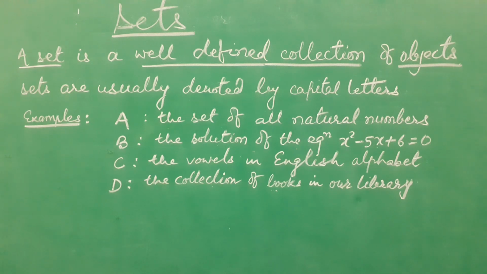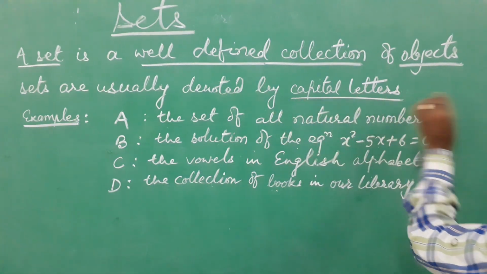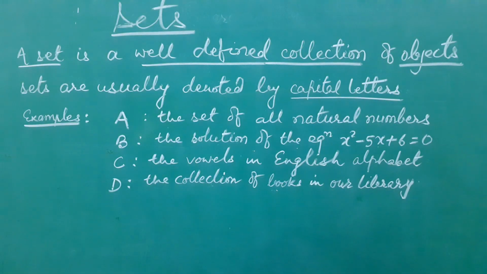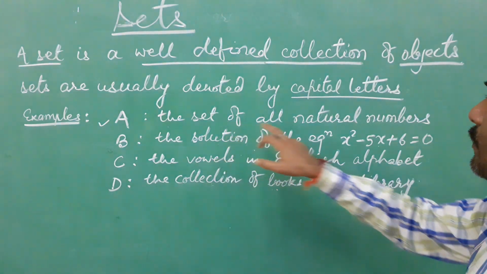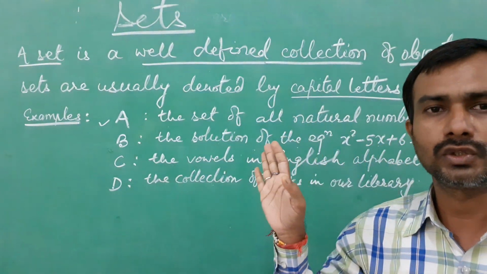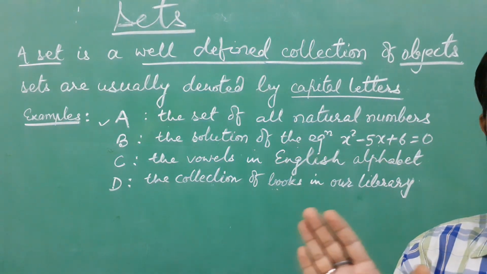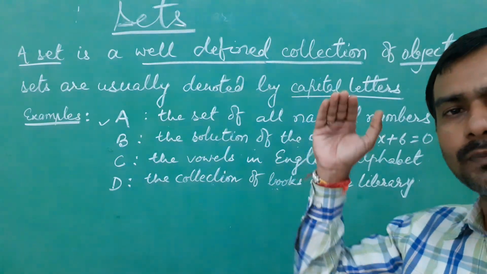And sets are usually denoted by capital letters of the English alphabet, A, B, C, D up to X, Y, Z. Here we have some more examples. Set A, the set of all natural numbers. So clearly 1, 2, 3, 4, 5, all this up to infinity.